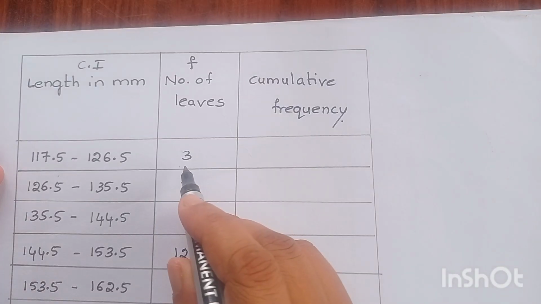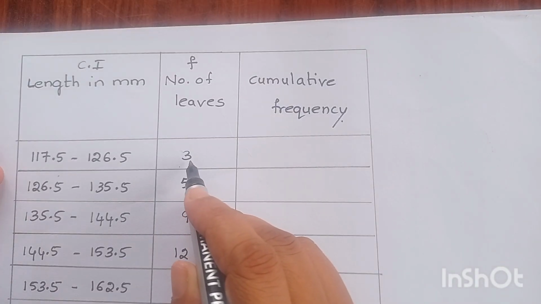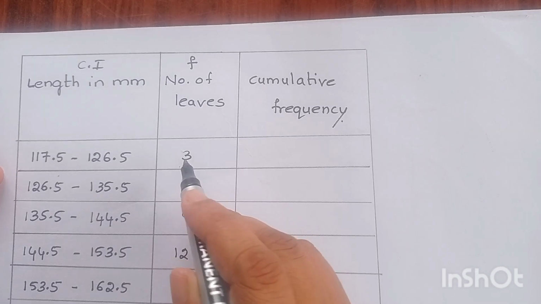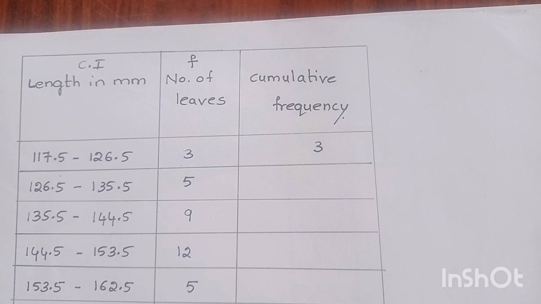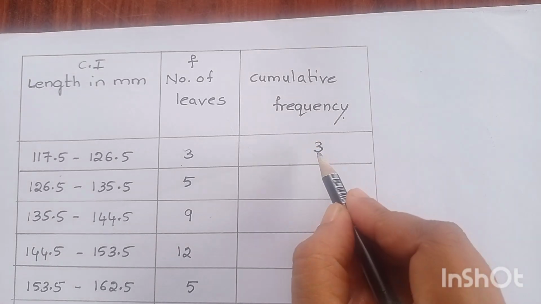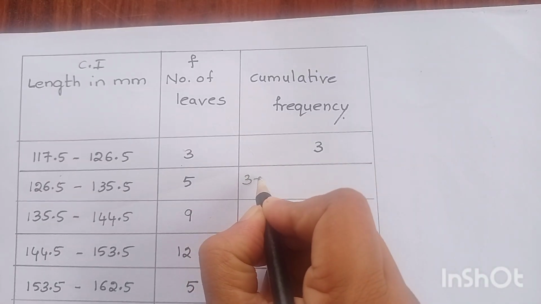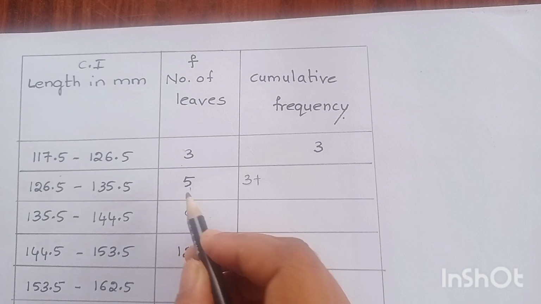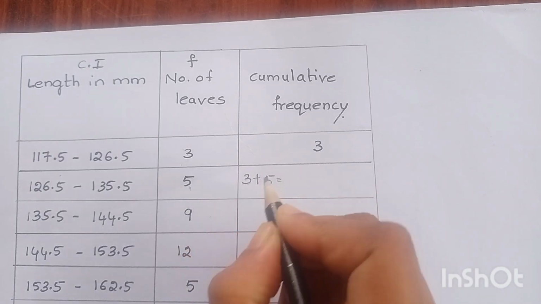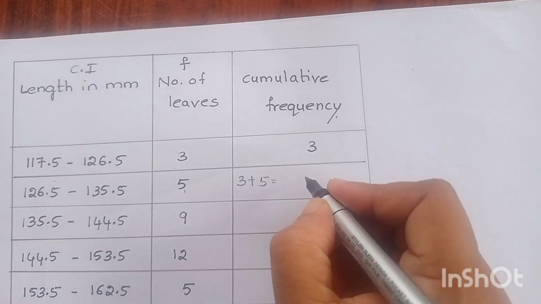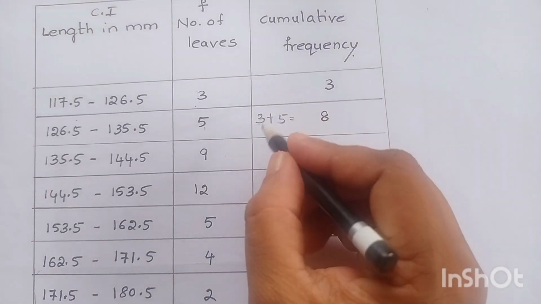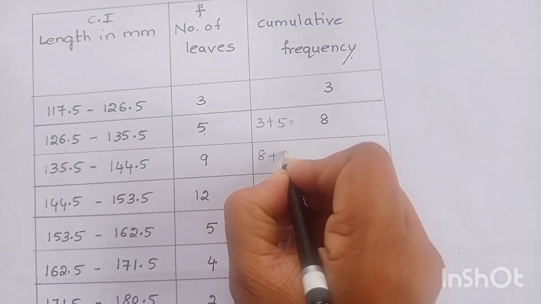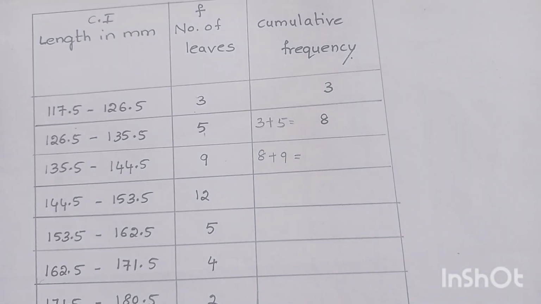We know that for the cumulative frequency, the first frequency we won't change anything, we will write as it is, 3. Right? Then the next frequency, how will we find it? 3 plus this frequency. 3 plus 5 is how much? 8. Okay. Then 8 plus 9 is how much? 17.